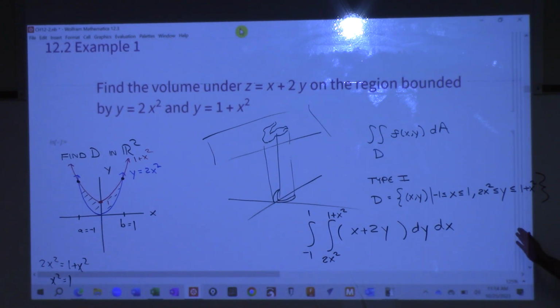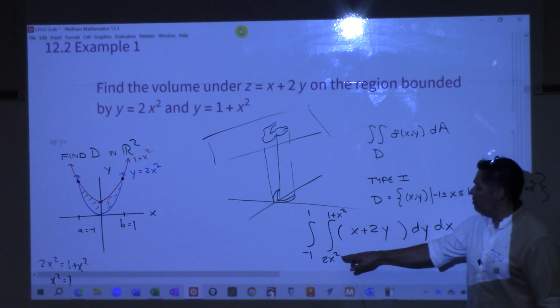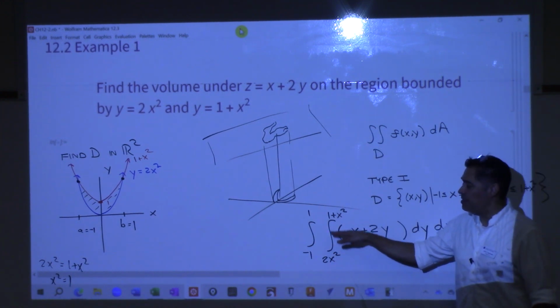Can I clarify anything? Yes? Would we have to put y equals 2x squared, or is it implied because we have the dy first? Do I need to state it here?